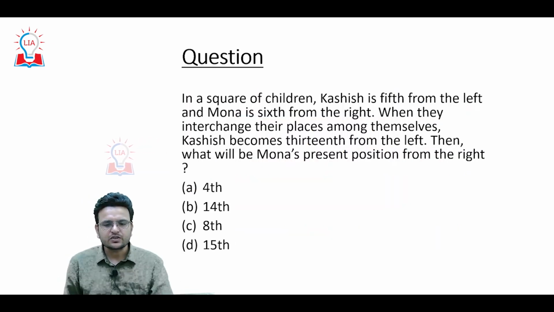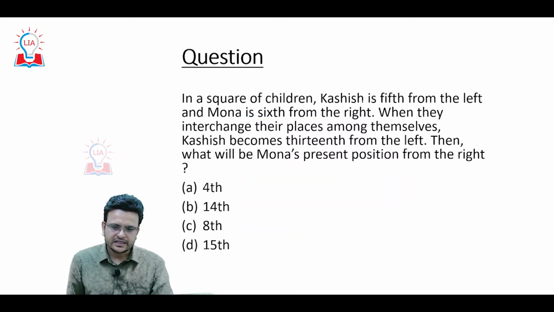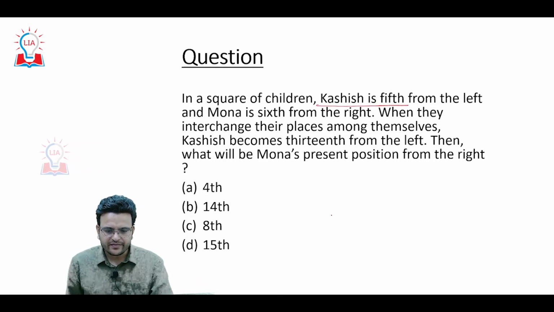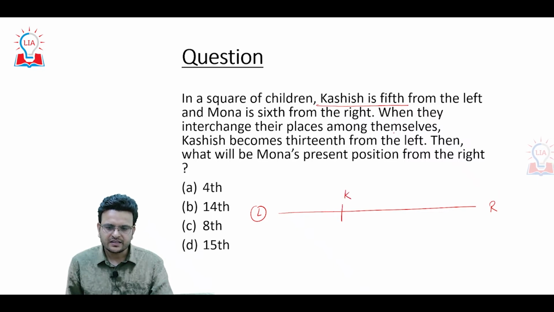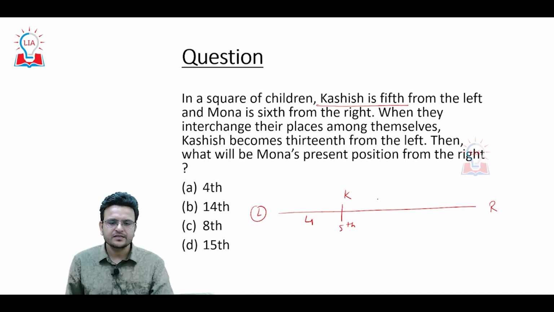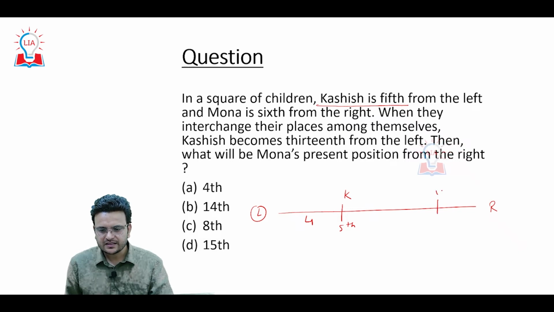In a row of children, Kashish is 5th from left. So we can say that this is the left and this is the right. Kashish is 5th, so 4 students are to the left of Kashish, and Mona is 6th from the right.